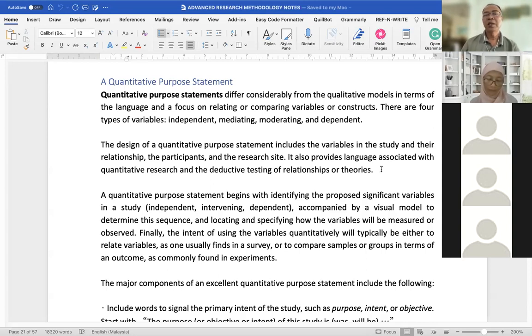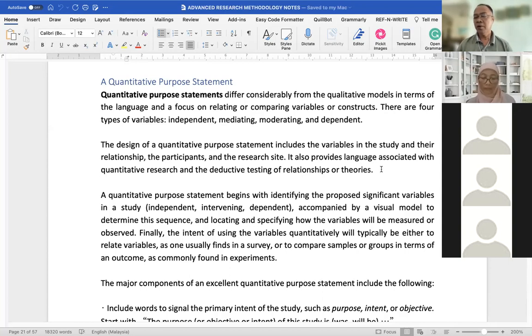So for PhD, it is recommended that we have at least 8 items or 8 questions in the questionnaire for each of the variables. Each variable at least contains 8 questions or 8 items. And the items that the researcher develops must be based on previous studies. It's better to adapt and adopt the questionnaire items from previous studies.